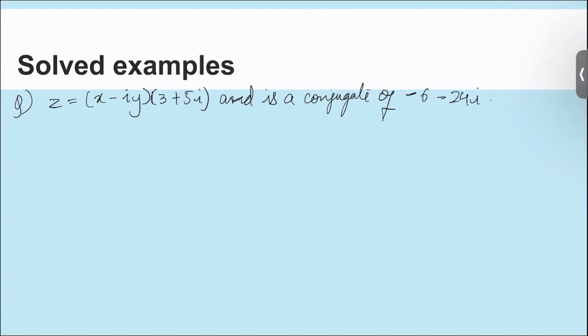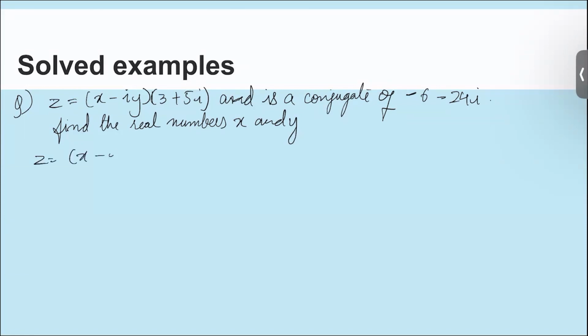Okay, so find the real numbers x and y. If you have an example like this, let's first solve for z.